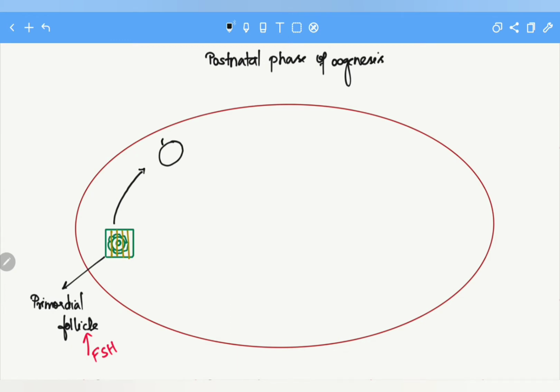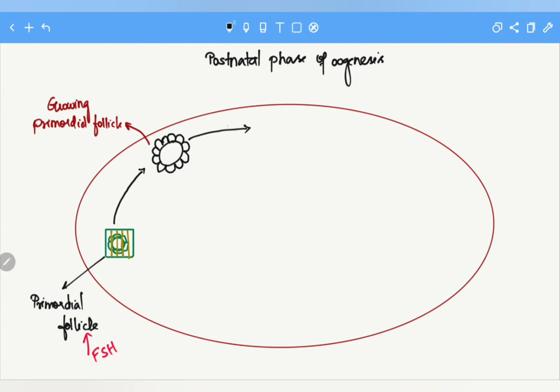As soon as they start growing, the flat follicular cells become cuboidal follicular cells. The growing primordial follicle keeps on growing.